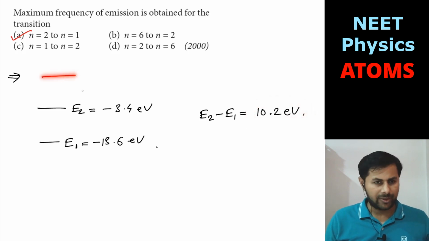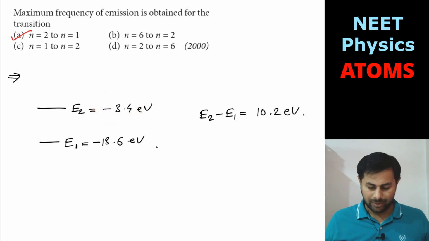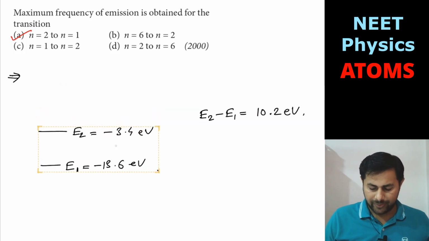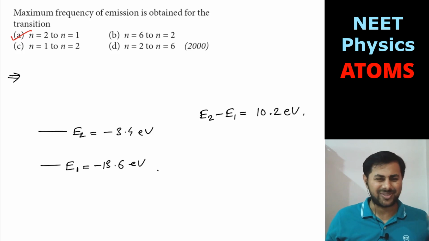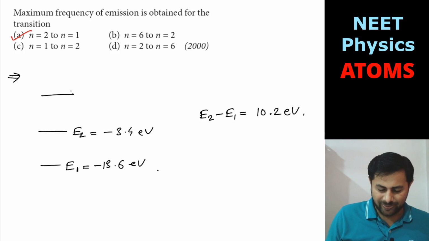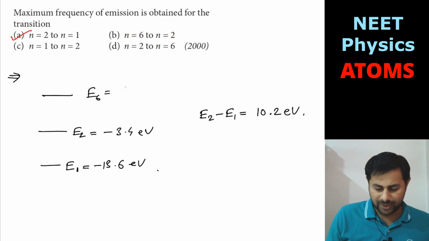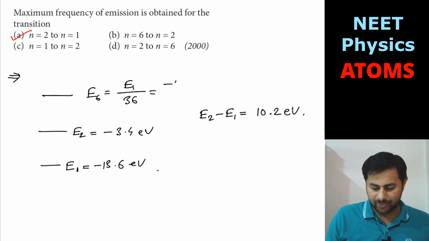Now you take any higher level, its energy would be less than minus 3.4 in negative values, meaning the energy would actually be greater, but magnitude wise it is smaller. So what would be the energy of the sixth level? E6 is E1 by 36, which is minus 13.6 divided by 36.